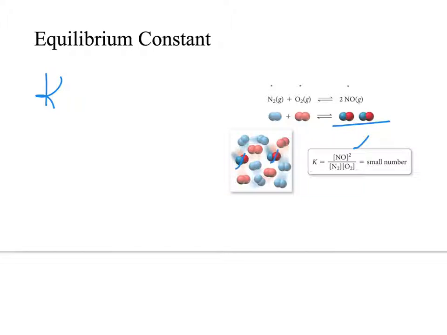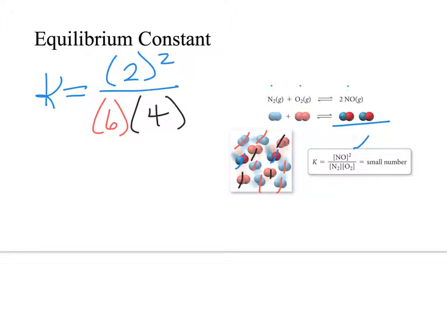There's 1, 2. So I plug that in, 2 squared over. I have 1, 2, 3, 4, 5, 6 nitrogen. Put those there. And then I have 1, 2, 3, 4 oxygen. That goes there. So the 2 squared is 4 divided by 24. And when I go ahead and solve that fraction, I get 0.17.